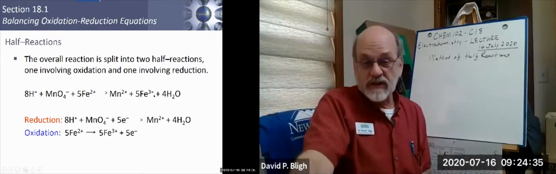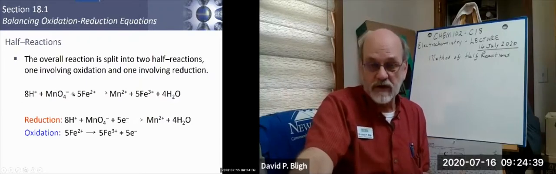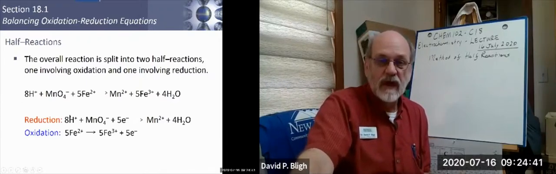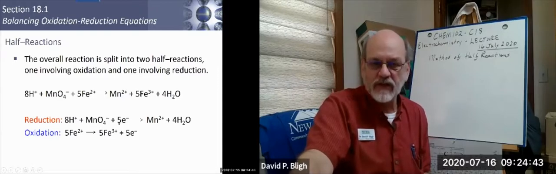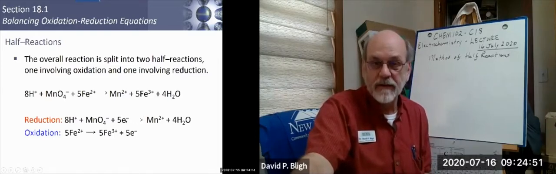So this equation is an example of a balanced equation in which an oxidation and reduction has occurred. And we split it into two reactions, one describing the reduction side, and the electrons always occur for a reduction on the reactant side.